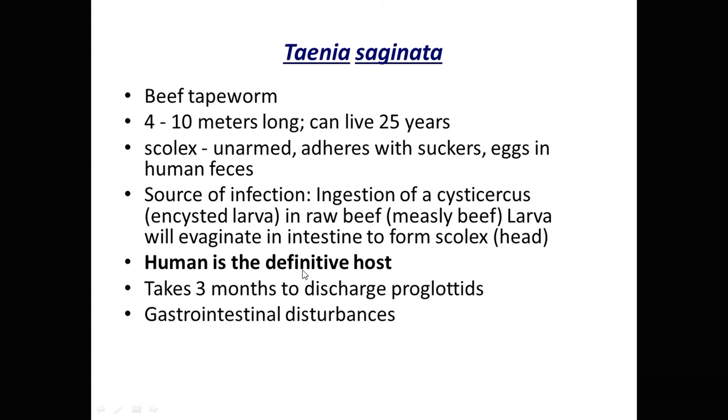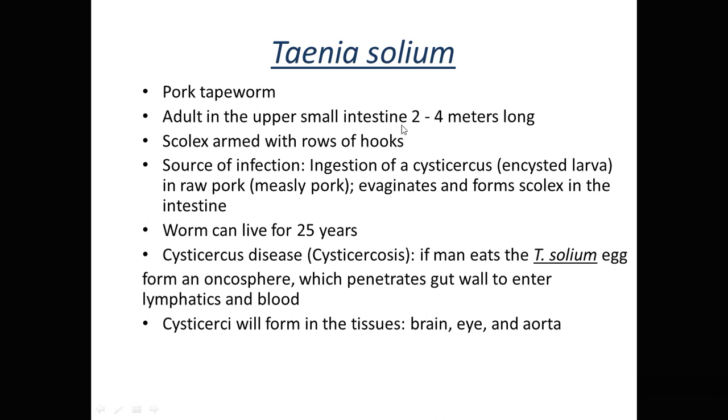Humans are the definitive host because this is where the sexual reproduction happens, and the worm becomes adult within 3 months. Many of these infections are asymptomatic, but symptoms can be gastrointestinal disturbance.